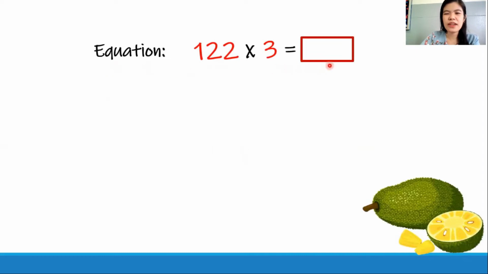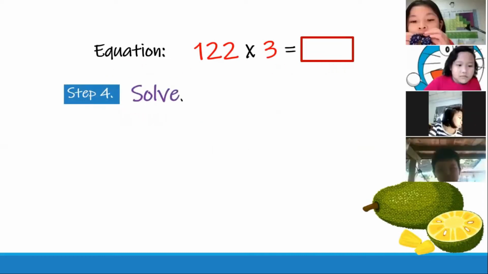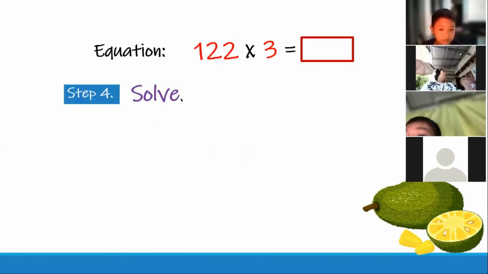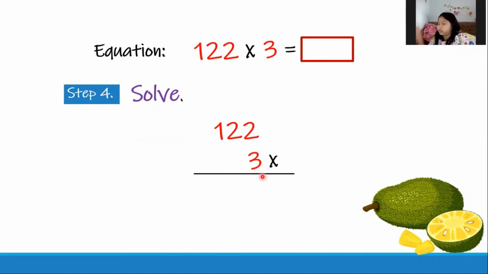Okay, next, step 4. You have now the equation, so let us solve. Who wants to solve? Everybody. Okay, yes, please. Let's start. 2 times 3 equals 6, so you write 6.